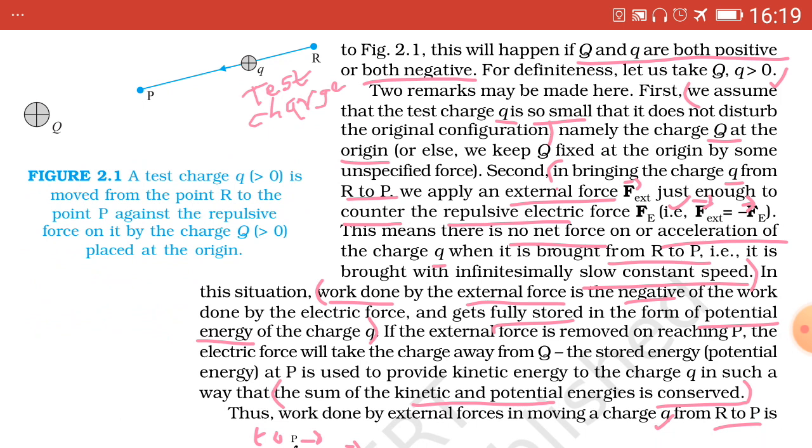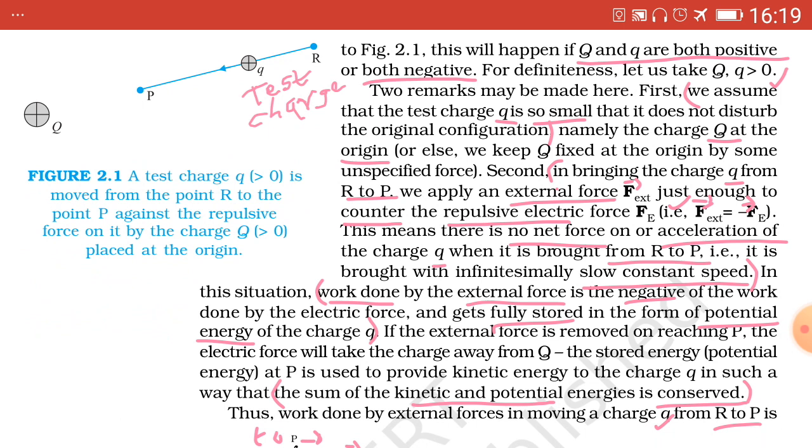That is, it is brought with very slow constant speed, infinitesimally slow, as slow as possible.